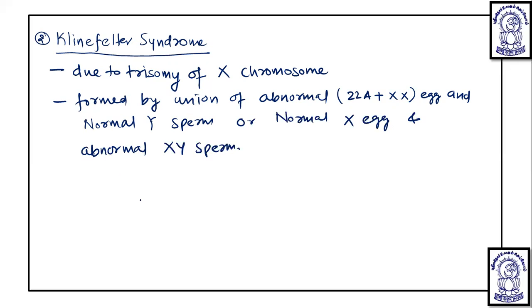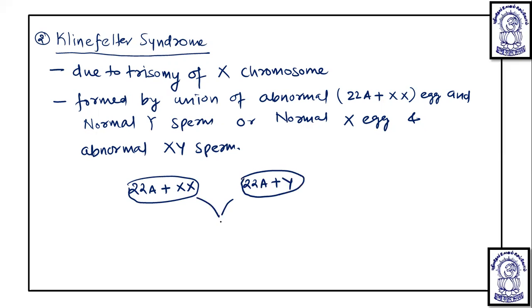So if it is an abnormal egg, then it is going to be 22 autosomes plus XX, and a normal sperm is going to be 22A plus Y. If the fusion of these occurs, then it is going to be 22A, meaning 44 chromosomes, plus XXY condition, and that is going to be Klinefelter.